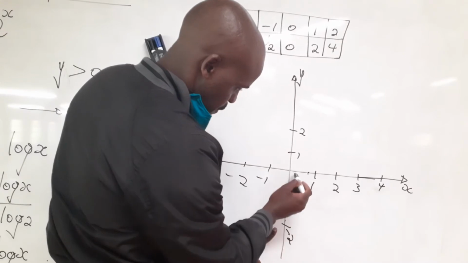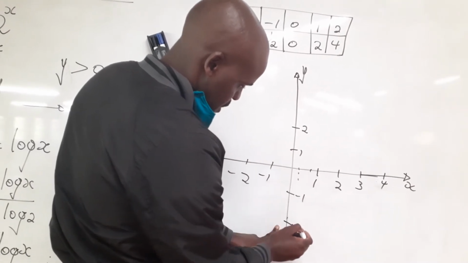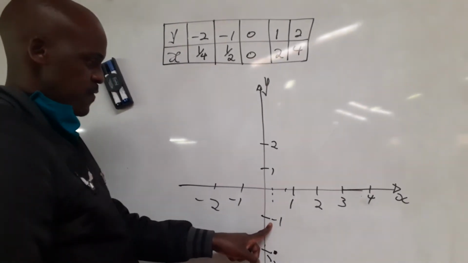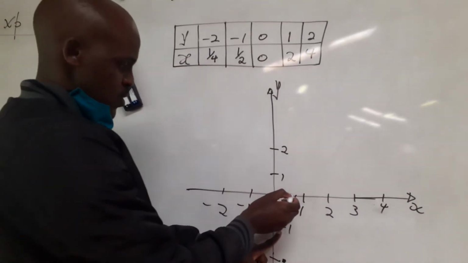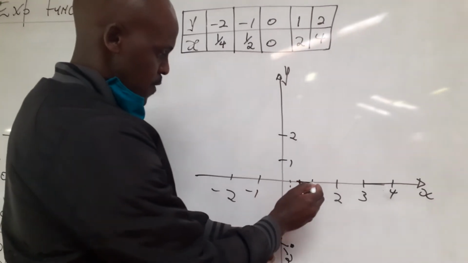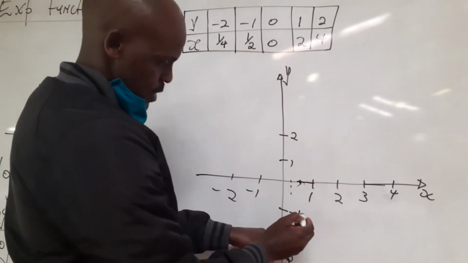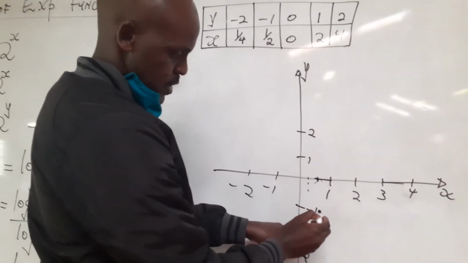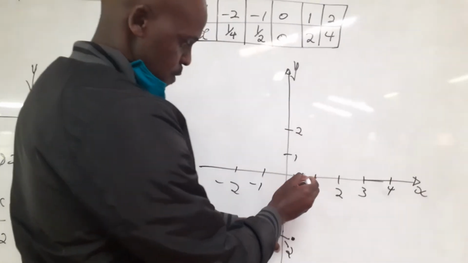So 1 over 4 is somewhere there. If y is equal to negative 1, x is equal to 1 over 2. That's half. Somewhere there. Negative 1 is to 1 over 2.